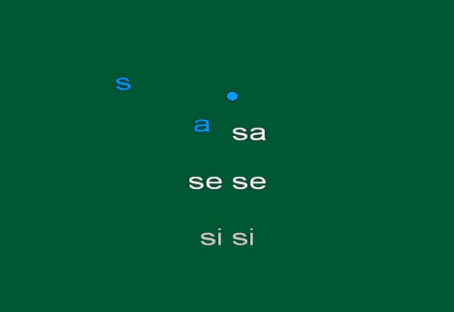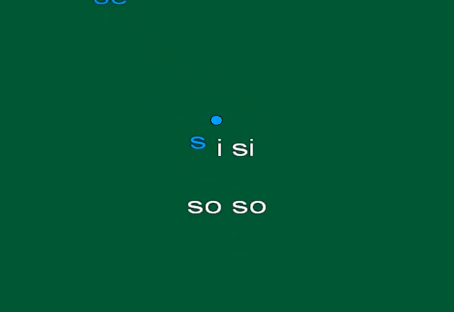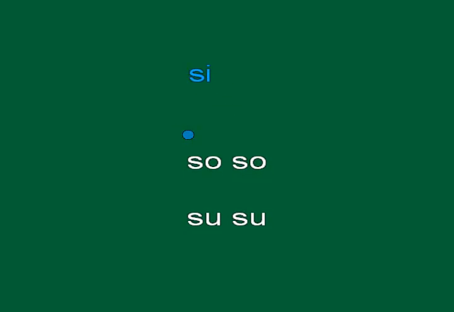The S is the easy one. S, a, sa. S, e, se. S, i, si. S, o, so. S, u, su. Sa, se, si, so, su.